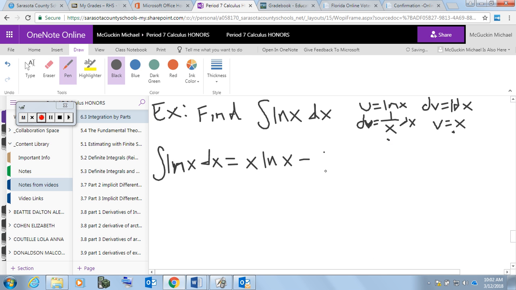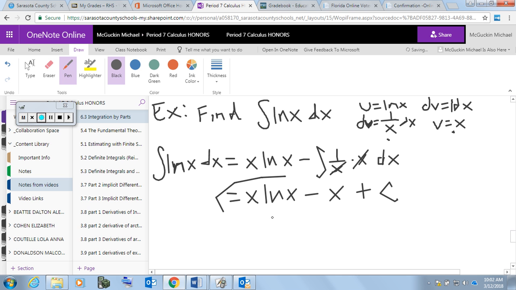So minus the integral of 1 over x times x dx. Well, what happens here? Take a look. The x's cancel out. The integral of 1 is just simply going to be x. So x ln of x minus x, and then plus our c for our constant of integration.